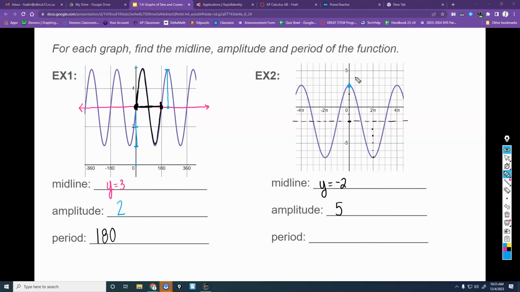So for this graph, we're not really looking for when it hits the x-axis again. We're looking for when it gets back up to that maximum point, right? So as I trace this graph, it looks different until I get right here, from maximum to maximum, and then it's going to be the same after that. And that is from 0 over to 4 pi. So the period for this graph would be 4 pi.